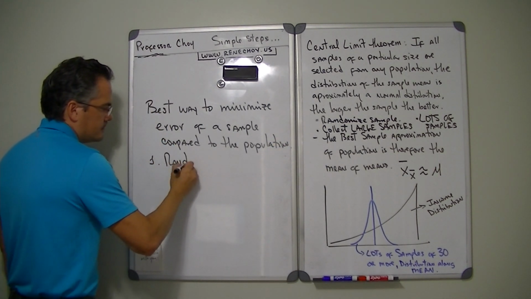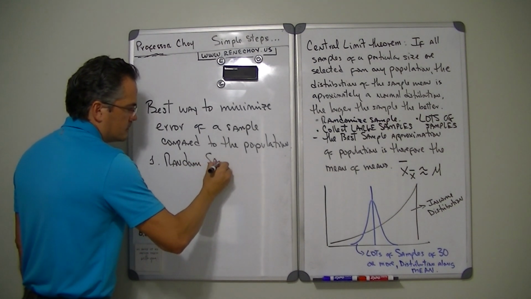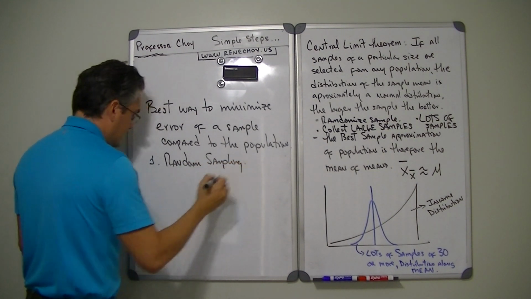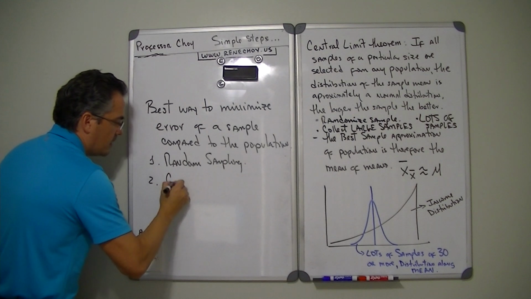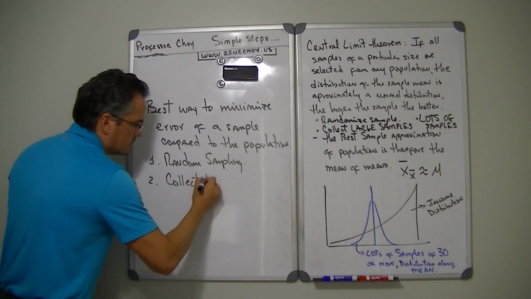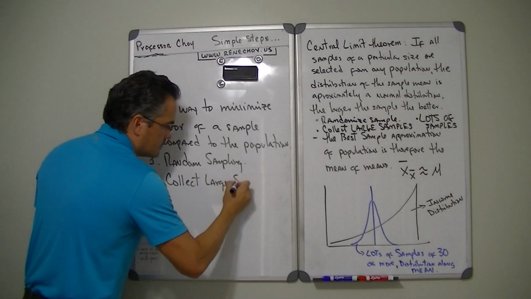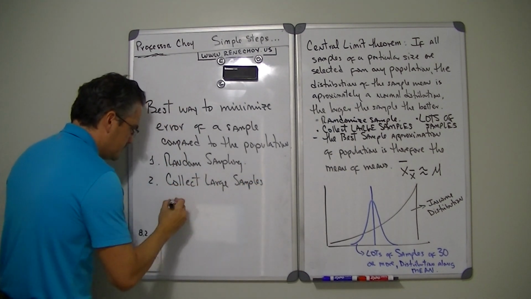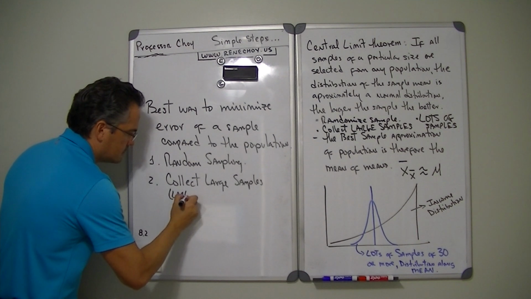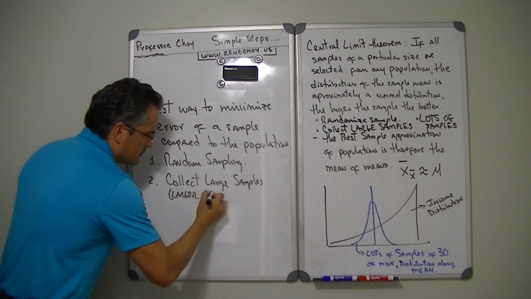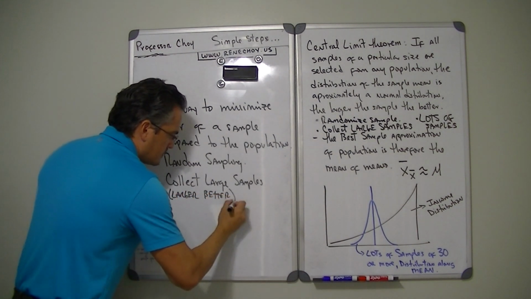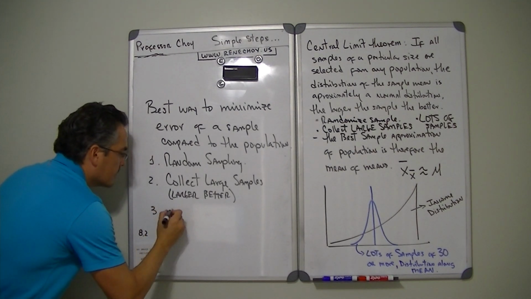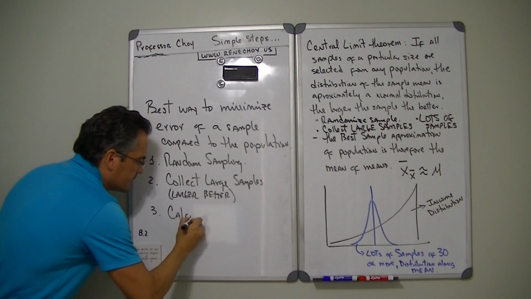Random sampling. 2. Collect large samples. The larger the better. And 3. Calculate the mean of means.